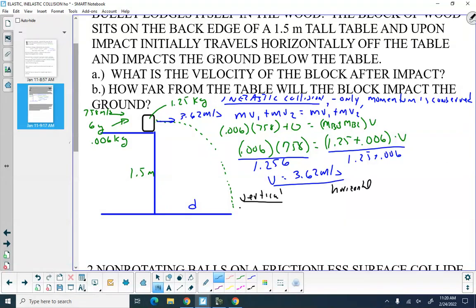Vertically, we have an initial velocity of 0 and the acceleration of gravity, and we know a displacement. We don't know the time or a final velocity. So we go back into our trajectory motion ideas.